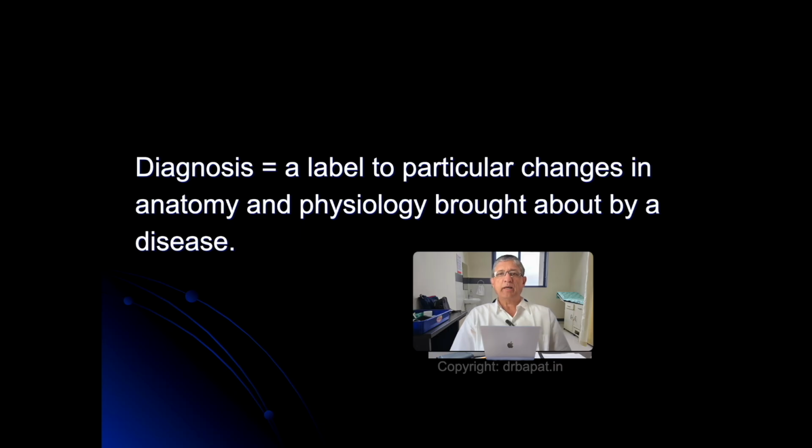These changes manifest as symptoms, signs, and abnormal results of investigations. Inference from all these gives a total picture of various changes that have occurred in the body, and the label given to this picture is called diagnosis. So, it is the analysis of symptoms and signs that leads us to the diagnosis.